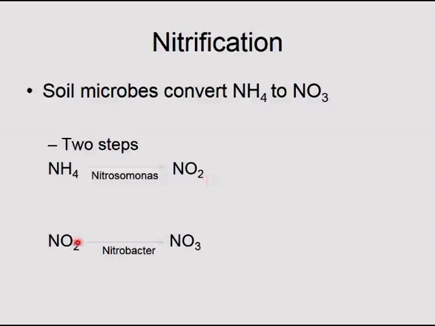That nitrite is then converted to nitrate via the Nitrobacter. Okay? This two-step process is called nitrification. And again, this is something that's favored in our soils. Our soils are warm, they're moist, they're well aerated, and because of that, the Nitrosomonas and the Nitrobacter are very effective at converting soil ammonium to nitrate.